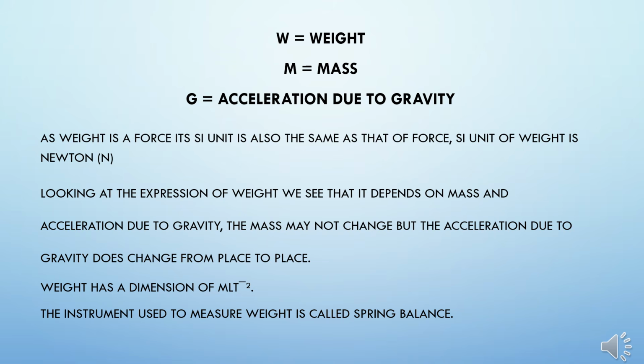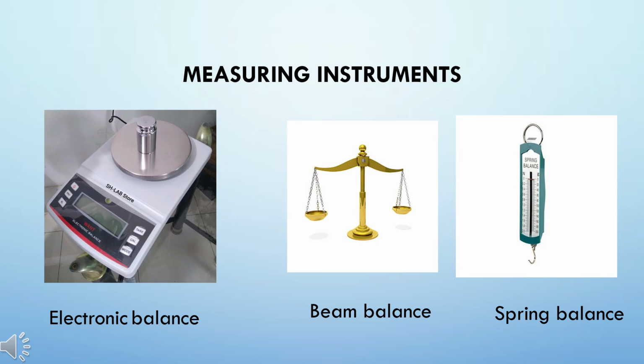Now on the next slide, we have the picture of the two instruments used to measure mass and weight. The first picture is an electronic balance. The specimen or the body to be measured is placed on top here.